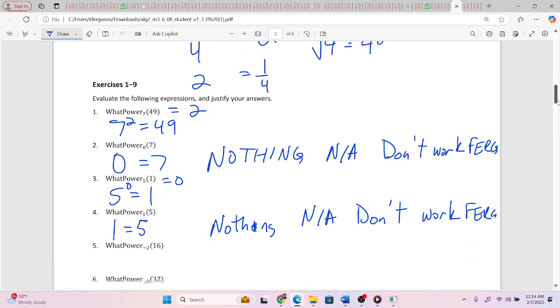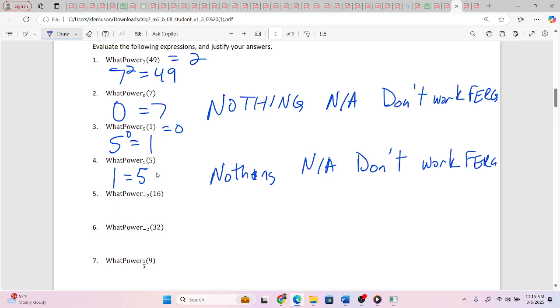So now, what power of -2 equals positive 16? Positive 4, because when my exponent is even and I start with a negative number, the negatives cancel off. So what power of -2 equals 32?